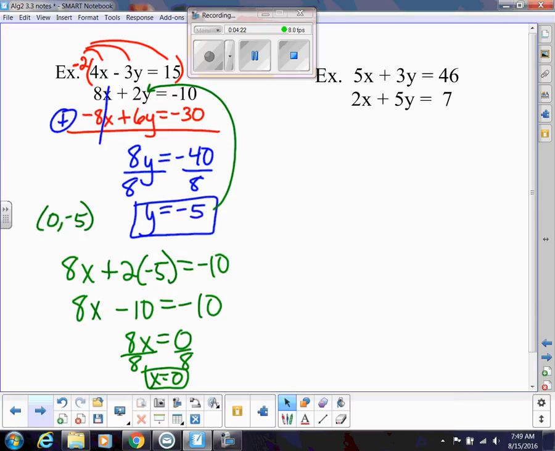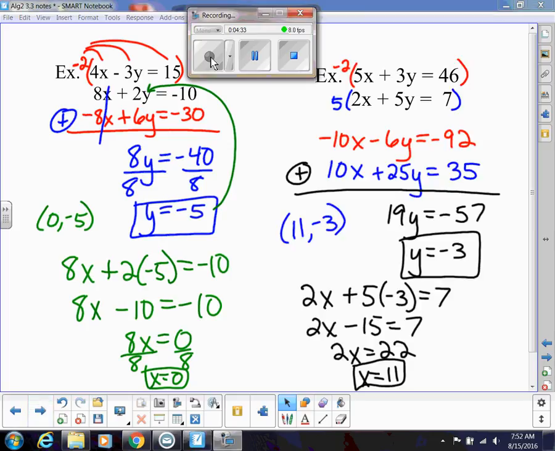I want you to try this second example on your own. Pause the video. I will also do it using elimination, and then you can check your work. Okay, so my answer, I got 11, -3. Now, your work might look a little different. I chose to eliminate the x variables, so I multiplied the first equation by -2 and the second one by 5.